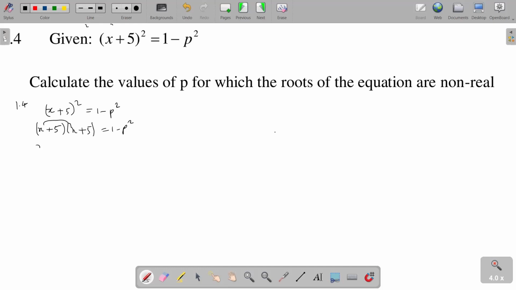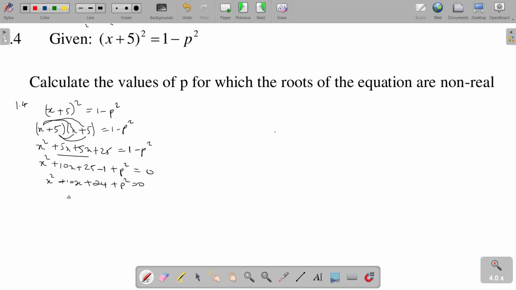Expanding this, x squared plus 5x plus 5x plus 25 being equal to 1 minus p squared. This reduces to x squared plus, these are like terms, 10x plus 25, transposing, minus 1 plus p squared being equal to 0. So our equation becomes x squared plus 10x plus 24 plus p squared equal to 0.